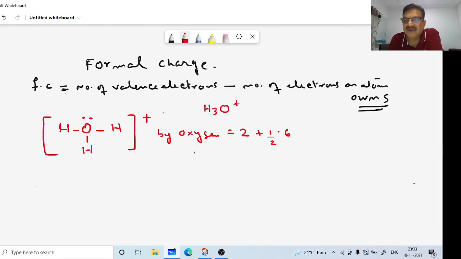This is how step by step we should go. So this will be 5. This is the number of electrons owned by the oxygen atom.